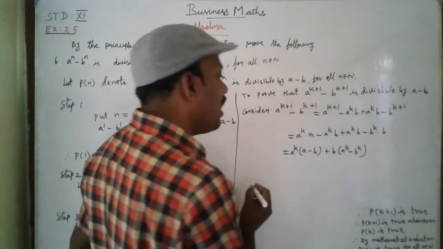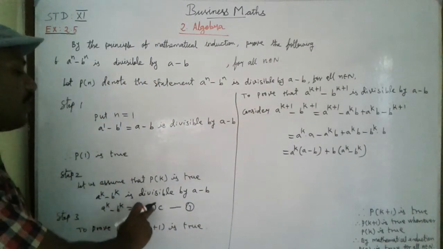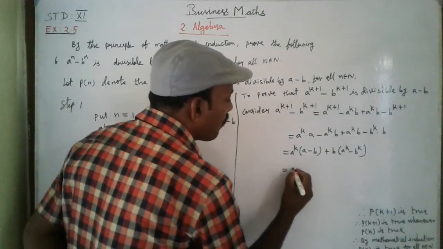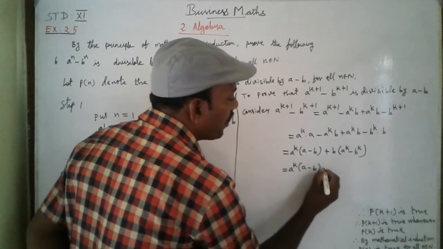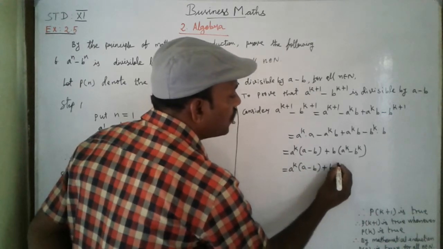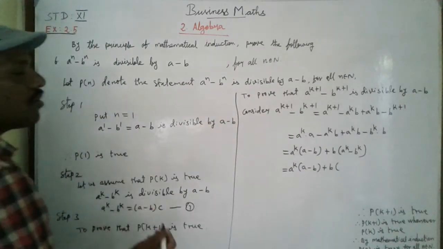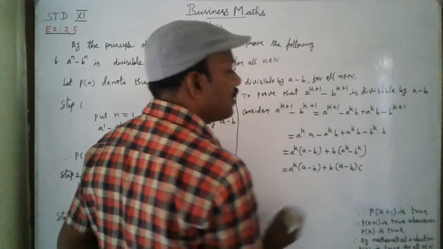We should substitute a power k minus b power k as a minus b into the constant term c. So a power k into a minus b plus b into a minus b into the constant term.